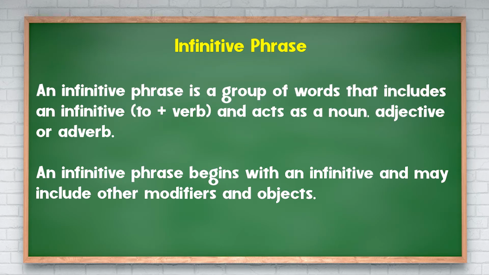What is an infinitive phrase? An infinitive phrase is a group of words that includes an infinitive and acts as a noun, adjective, or adverb. An infinitive phrase begins with an infinitive and may include other modifiers and objects.